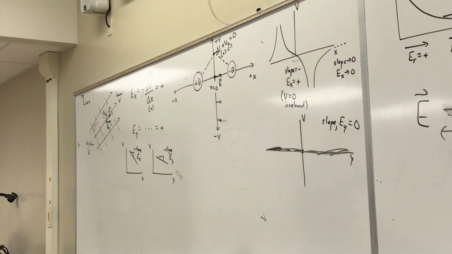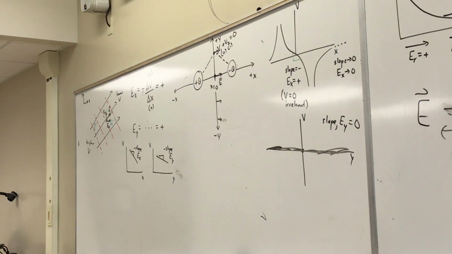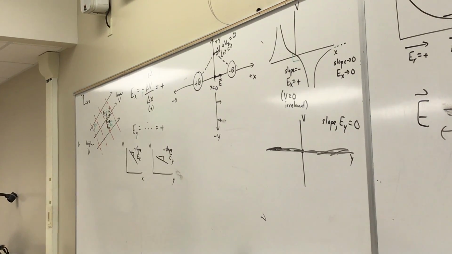Does that make sense? Okay, so you can tell a lot about what's going on with the electric field if you just take the slope, specifically the negative slope, of the voltage graph. Does that make sense?